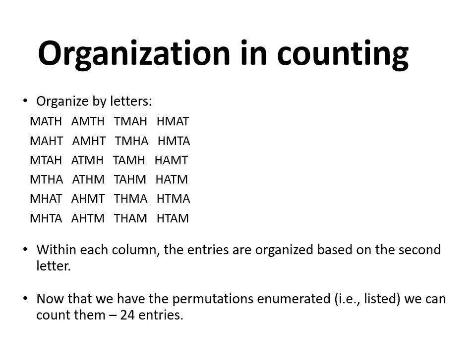Within each column, I organize the entries based on the second letter. So in the first column, they all start with M, and then as you can see, the second letter changes between A, T, H, and then in the second one, M, T, H, and so on. And so now it's really easy for me to see that I did indeed enumerate all of them, and it's also really easy to count all of them.